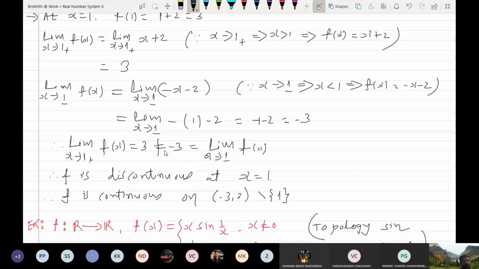Type 1, it is okay, but removable? See here, limit x tends to 1 plus f(x) exists, and it has answer 3. And limit x tends to 1 minus f(x) exists, and it is equal to minus 3. And 3 is not equal to minus 3. Left limit and right limit are different at point 1.